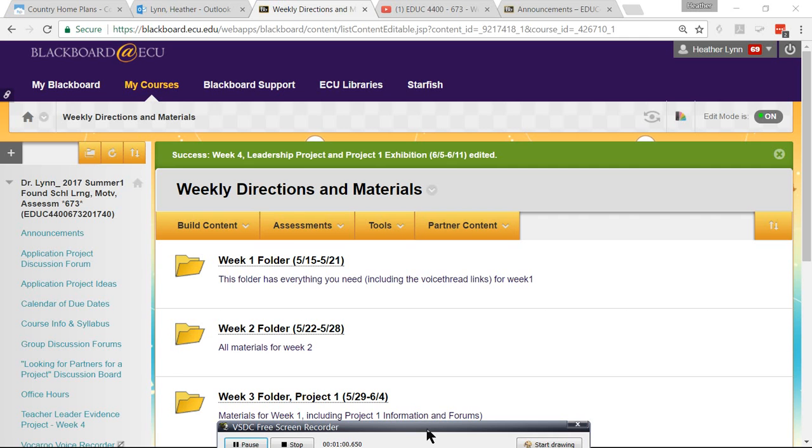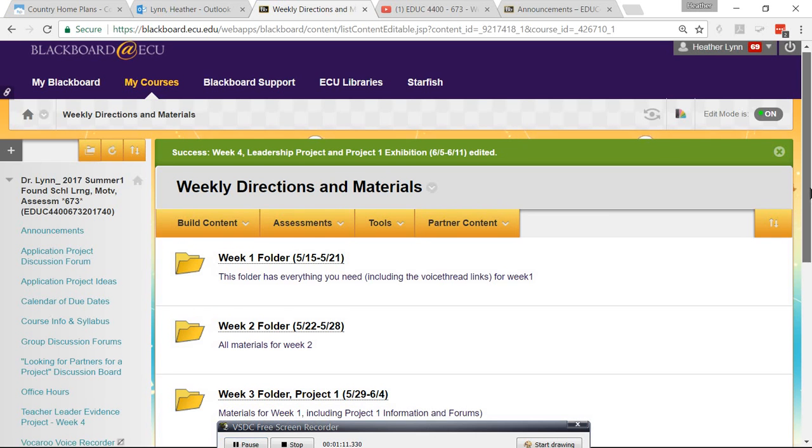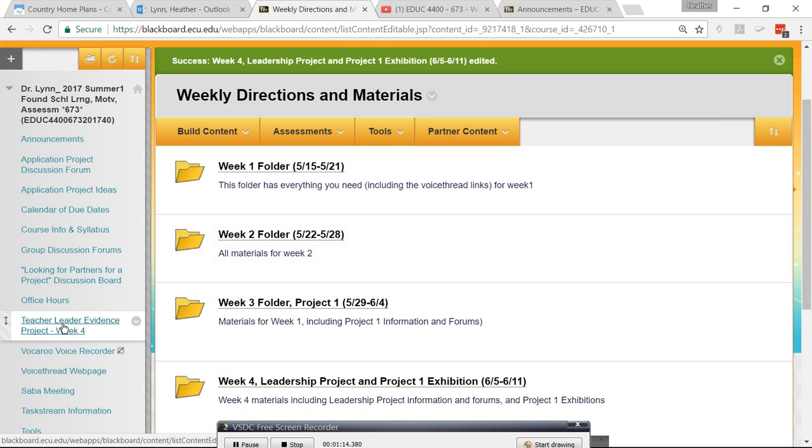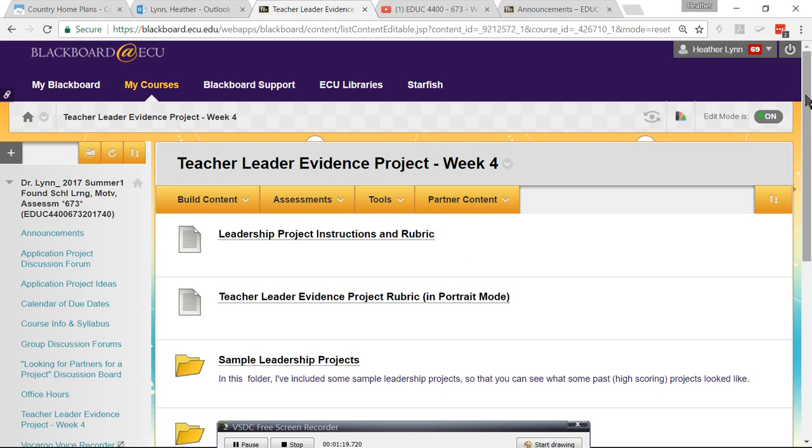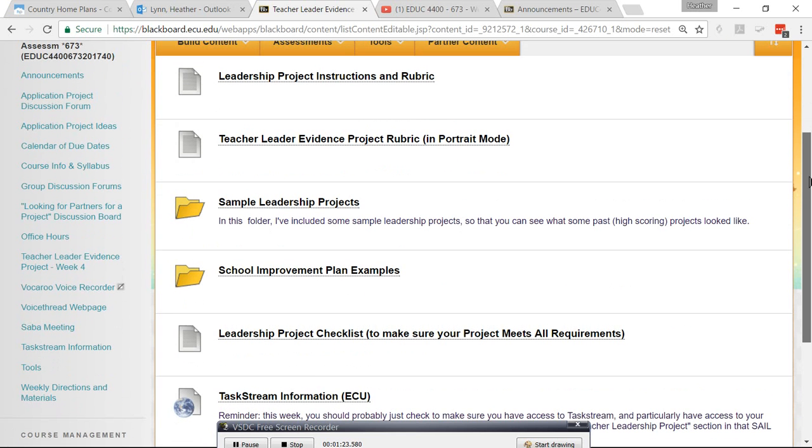So there is a tab in Blackboard called Teacher Leader Evidence Project Week 4, and I'm going to click on that. And you'll see in this tab that there's a lot of different materials here that are helpful for your project. The instructions and rubric are here, another rubric in a portrait mode, which might be easier to read.